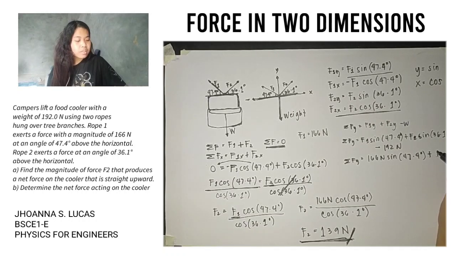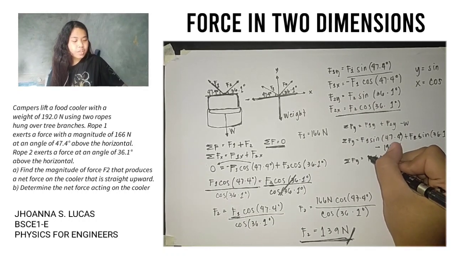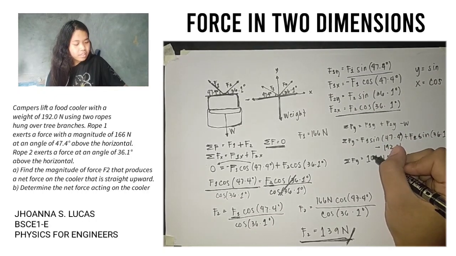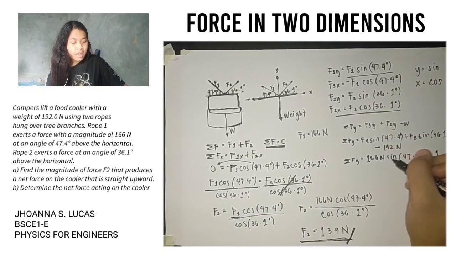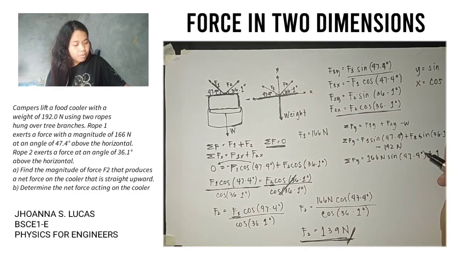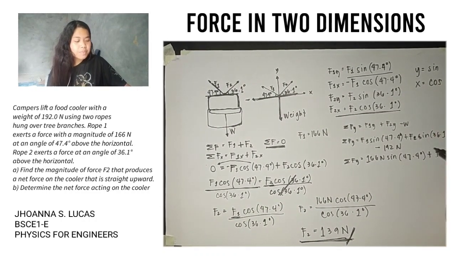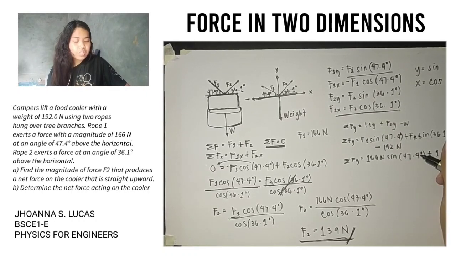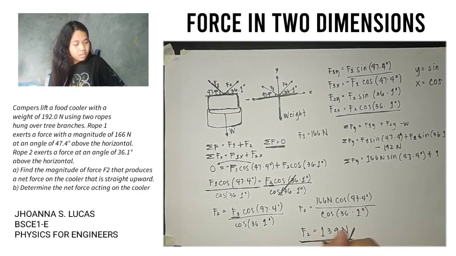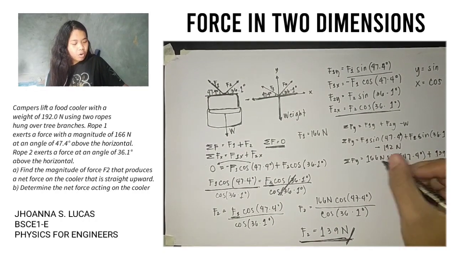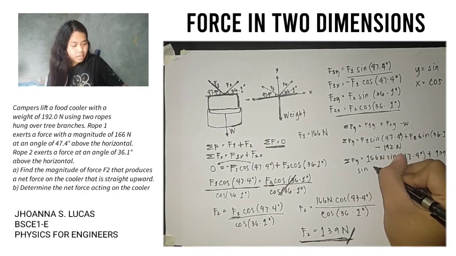So F sub 1 times sine of 47.4 degrees is equal to 166 Newton times sine of 47.4 degrees plus our F sub 2 sine of 36.1 degrees, which is 139 Newton times sine of 36.1 degrees.